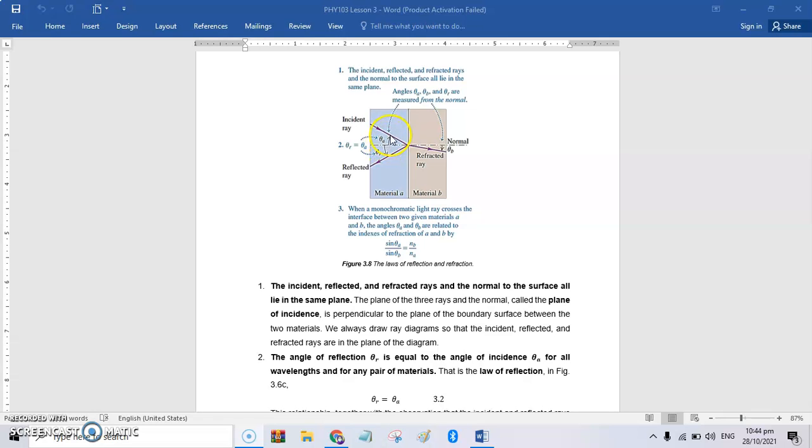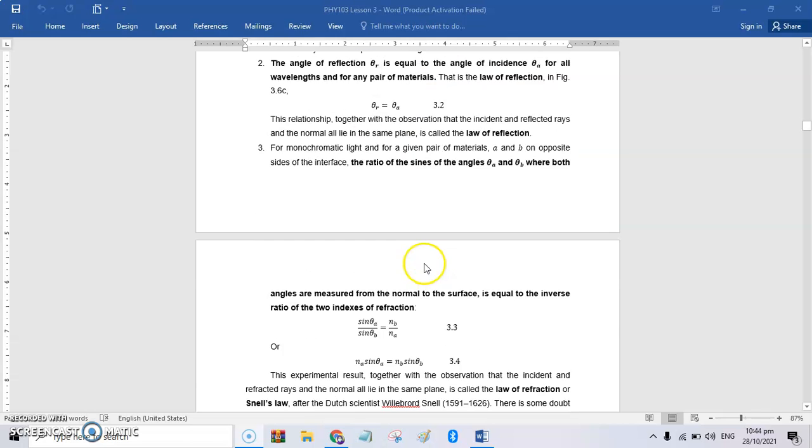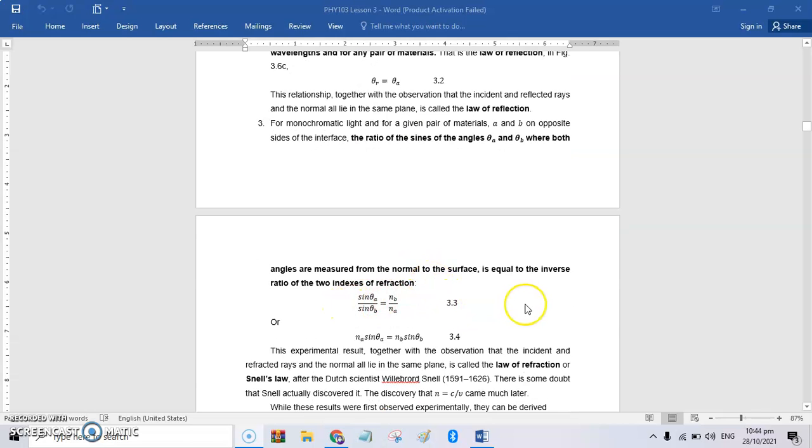Si angle A, or the incident angle, and refracted angle, theta B, has this relationship. This is called the sine of the angles.